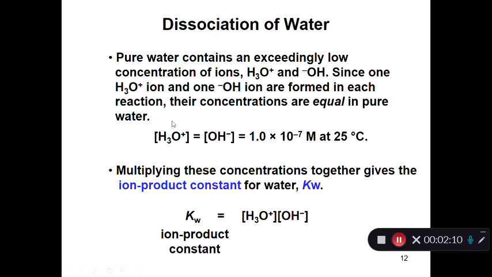For example, bracket H3O plus bracket means I'm talking about the concentration of this ion at 25 degrees Celsius. If I write OH minus in brackets, I'm talking about the concentration of that one.